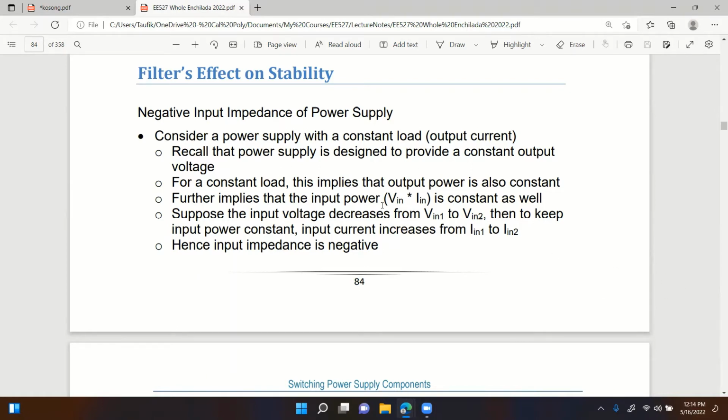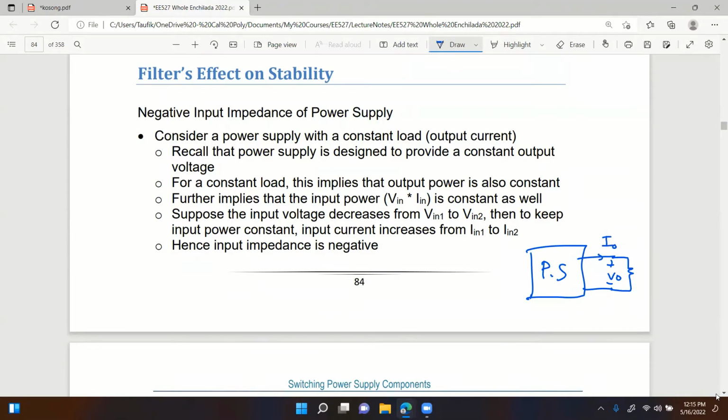Well, first of all, what's unique about a power supply is that when it reaches steady state condition, meaning output voltage is constant, output current is constant, right? So you have a power supply, and then you have constant output voltage, and then constant output current, right?